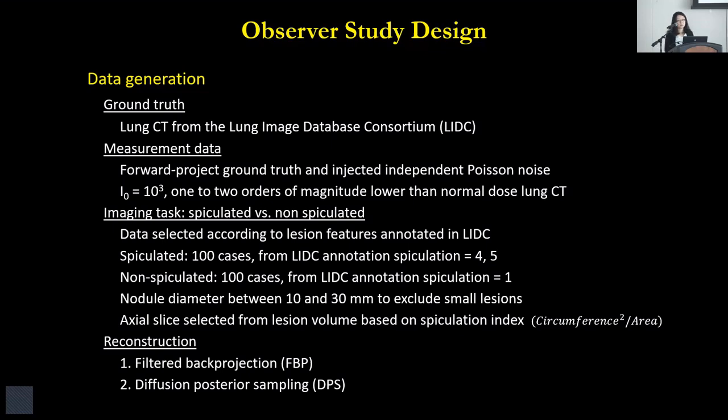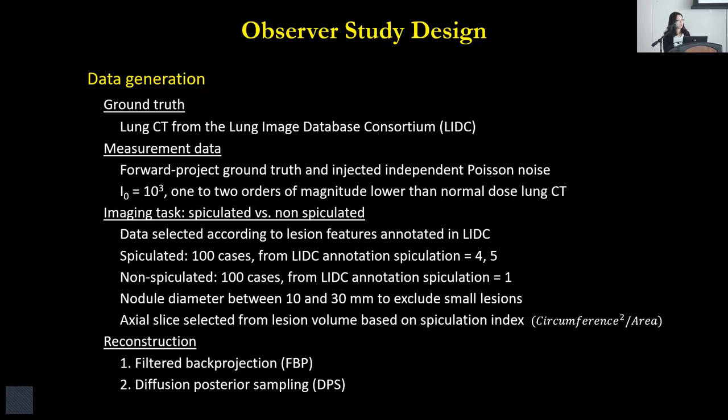For this study, we're only using a 2D slice instead of a 3D lesion volume, so we need to choose an axial slice from the lesion volume. We did this by computing a radiomics measure called the spiculation index. For spiculated lesions, we chose the slice with the maximum spiculation index. For non-spiculated, we chose the slice with the minimum spiculation index within the lesion volume.